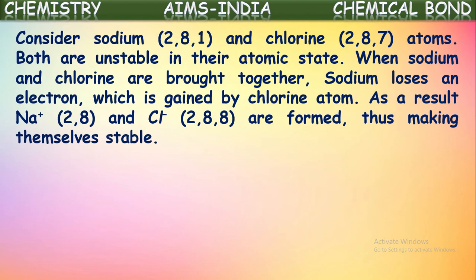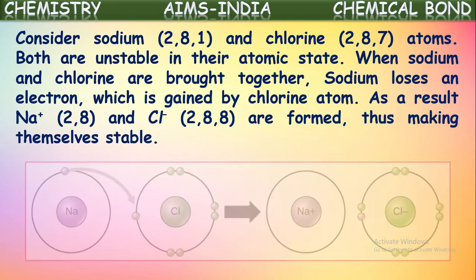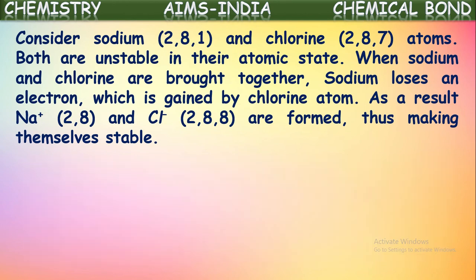Consider sodium, whose atomic number is 11 and its configuration is 2, 8, 1. Let us consider one more atom, chlorine also. Both are unstable, isn't it? Because they do not have 8 electrons in the outermost shell. Sodium has only 1 electron in its outermost shell, whereas chlorine has 7 electrons in its outermost shell.